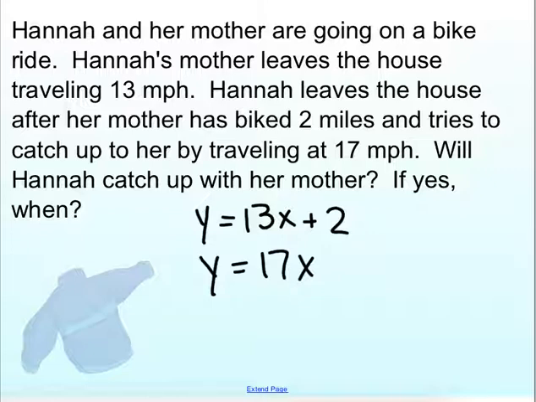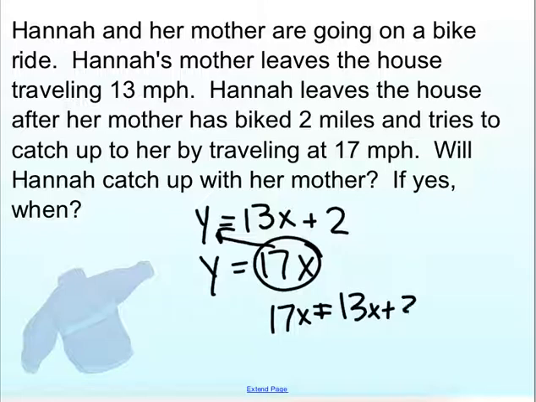And in this case, we would say, yeah, we will be able to get a solution here because they're not parallel and they are not the exact same line, so we will have a solution. And we could substitute this information in here, saying 17x equals 13x plus 2, and we subtract 13x from each side and get 4x is equal to 2, so x is equal to 0.5, meaning after half an hour, she will catch up.